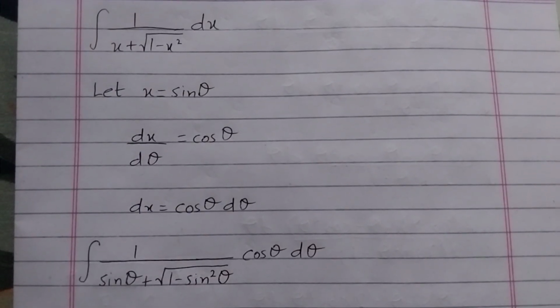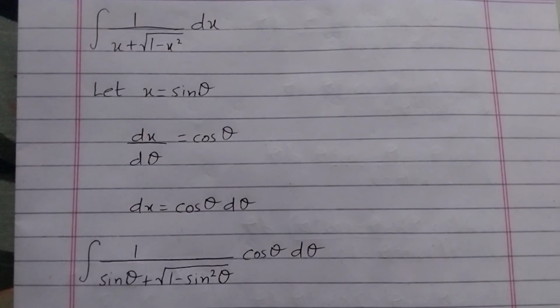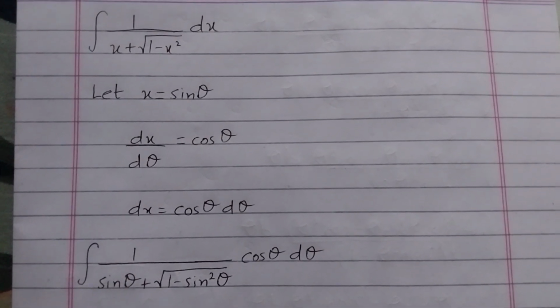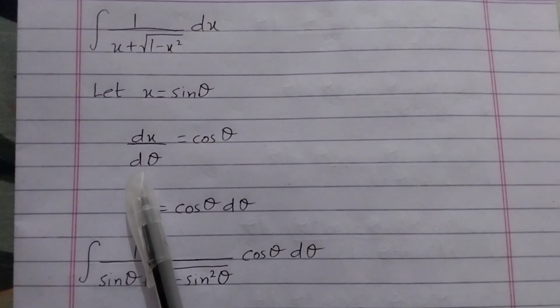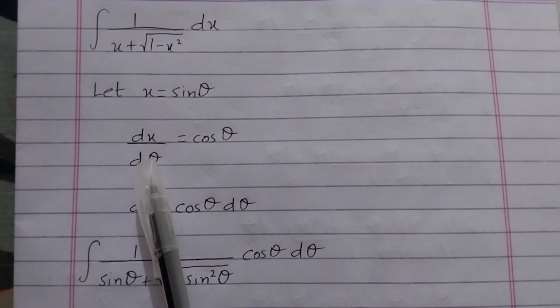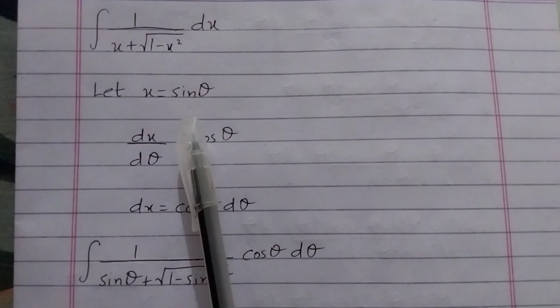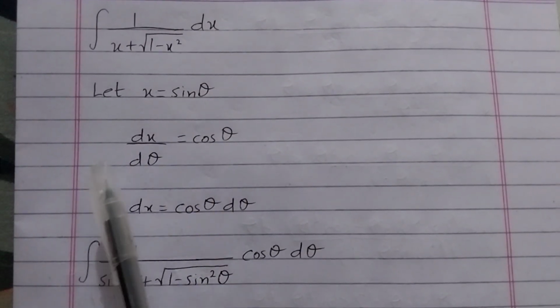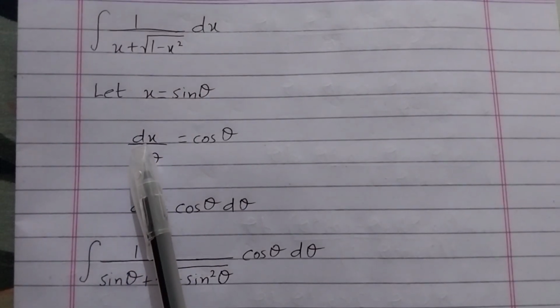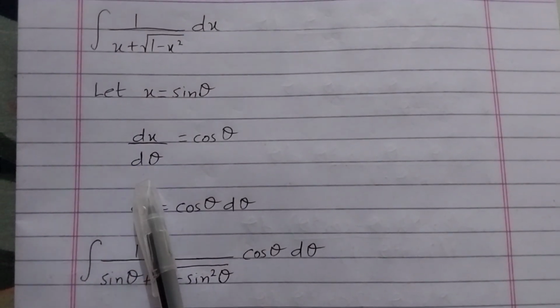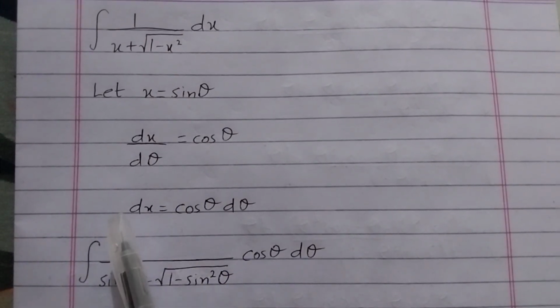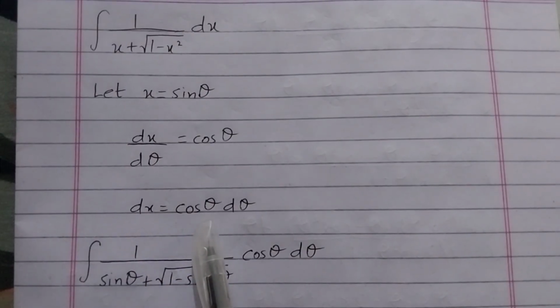Taking the derivative of this equation with respect to theta on both sides, we get dx over d theta, and on the right side, the derivative of sine theta with respect to theta is simply cos theta. We want the value of dx in terms of theta, so we cross multiply, and we get dx is equal to cos theta d theta. So this is the value of dx in terms of theta.